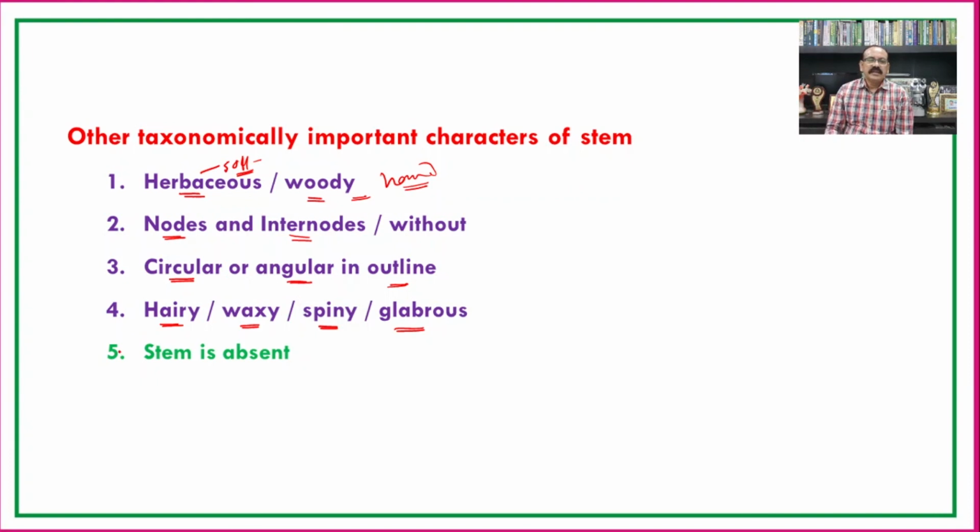Or in some plants the stem is found to be very reduced or altogether absent. So such a type of characters of the stem we will need in the description of any plant.